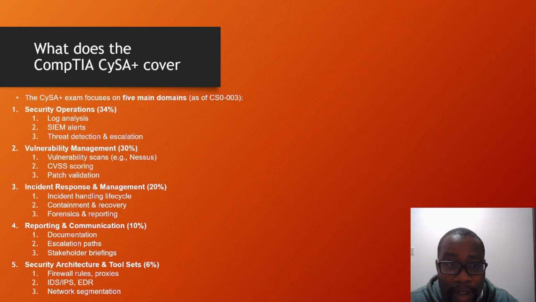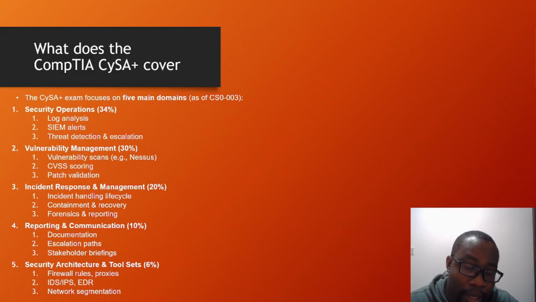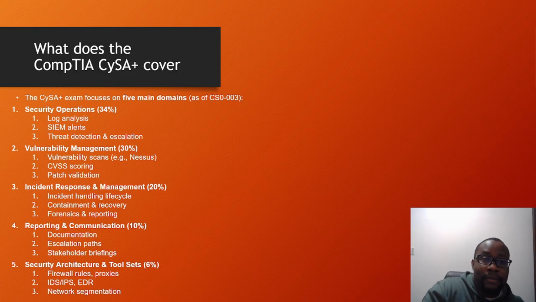The exam has five main domains as of CS0-003, which is the current exam code. You have number 1, security operations, which is 34%. Vulnerability management, 30%. Incident response management, 20%. Reporting and communication, 10%. 5 is architecture and tool sets, right?